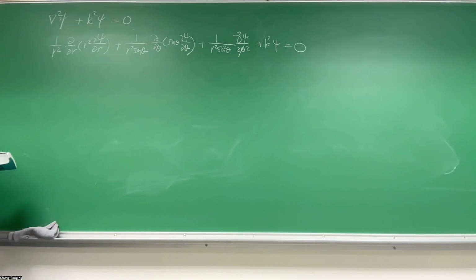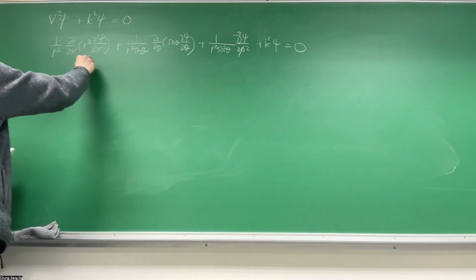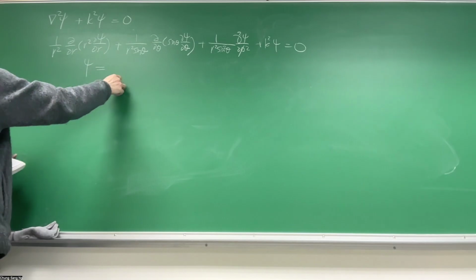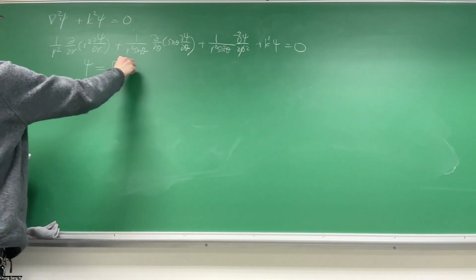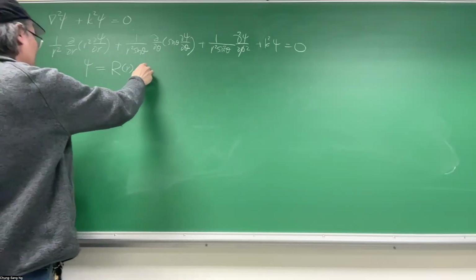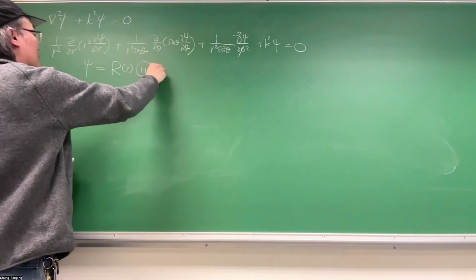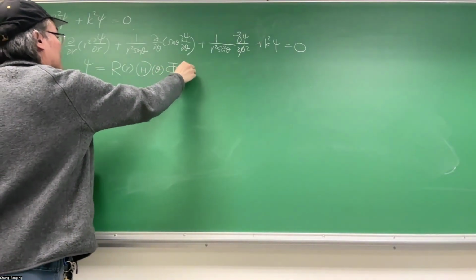Right, and that's the form. Now let's consider one separable solution in the form of capital R depending on little r, capital Theta depending on theta, and capital Phi depending on phi.